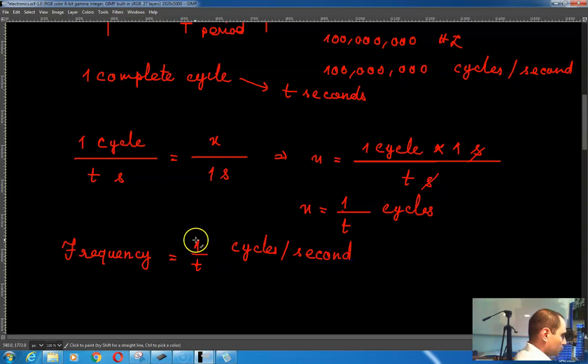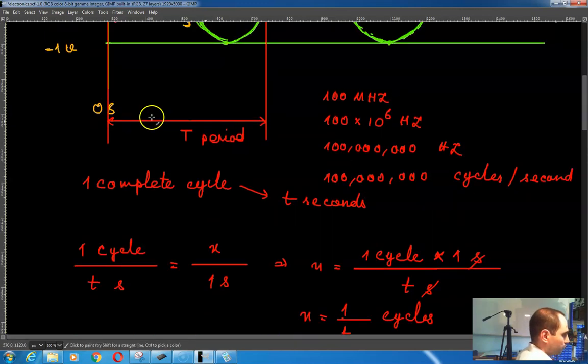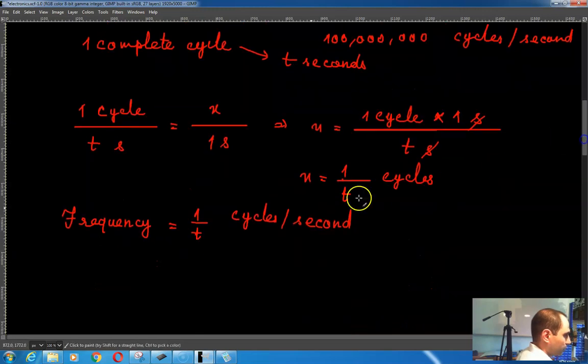right? Over here you can see that I took one complete cycle as t seconds. So whatever your period is, if you take the reciprocal of that and give it the unit of cycles per second, that would be your frequency, which is 1 divided by t cycles per second. You can call it hertz, right?